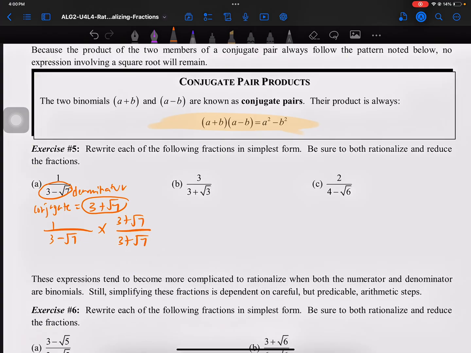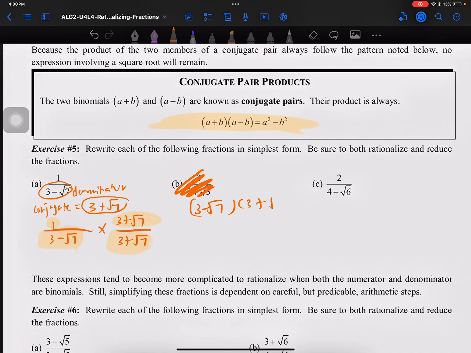So the numerator will just be 3 plus root 7, because 1 multiplied by anything becomes that number. Now to multiply the conjugate pair, remember, just keep this first because I have no space. 3 minus root 7, 3 plus root 7.